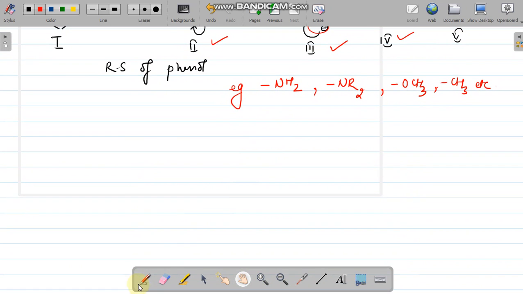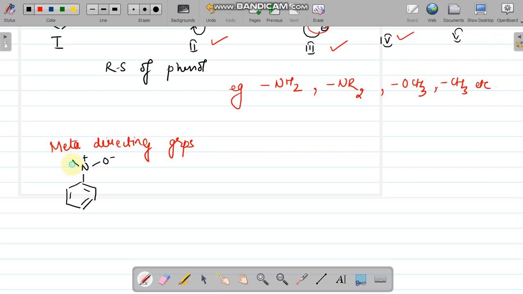Second part is meta directing groups, which we discussed. In the case of meta directing groups, let's read it also with an example. Let's take the example of a nitro group. We can look at it on the basis of the resonating structure.